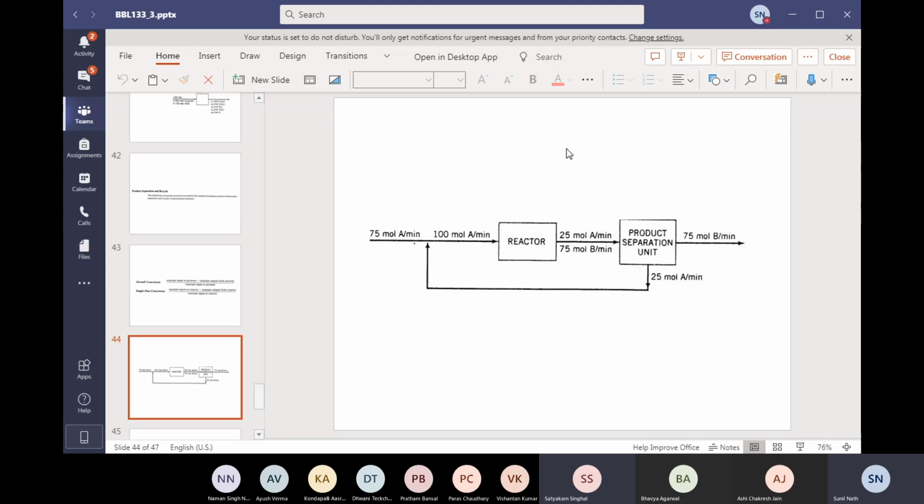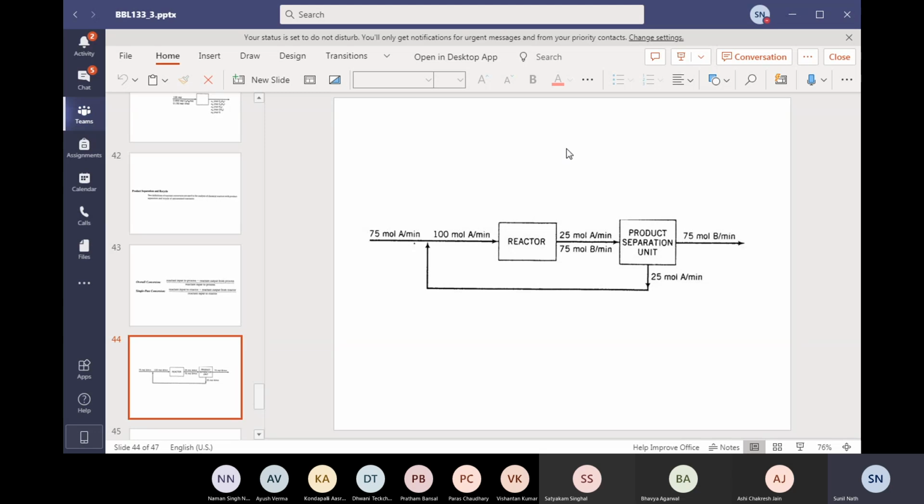So single pass would be 75%. Right, because 100 moles A per minute is coming in, only 25 moles A per minute is going out of the reactor, and you have normalized it by the reactor input, what is coming into the input of the A, which is 100, so it's 75%.